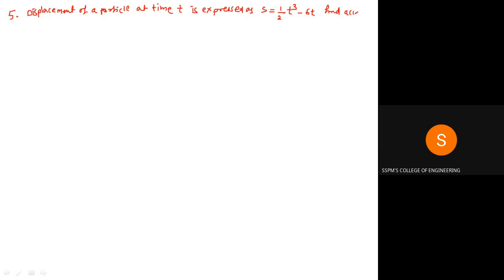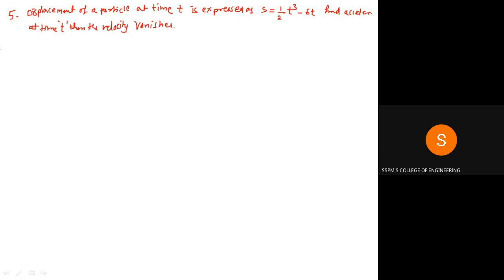Find acceleration at time t when the velocity vanishes. Velocity vanishes. Okay. So from that displacement, we need to find the velocity first.